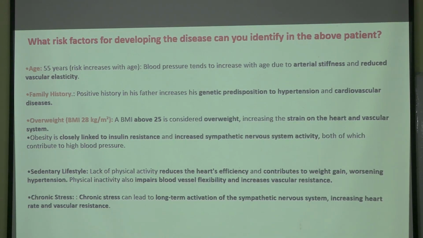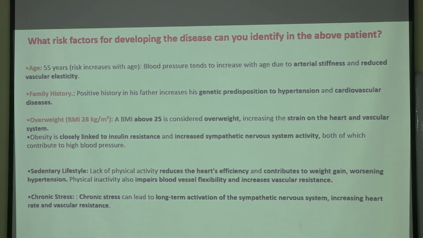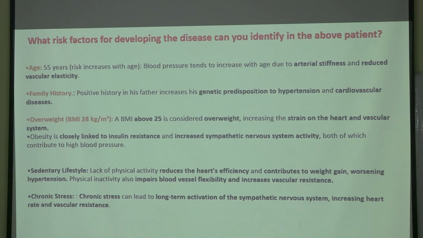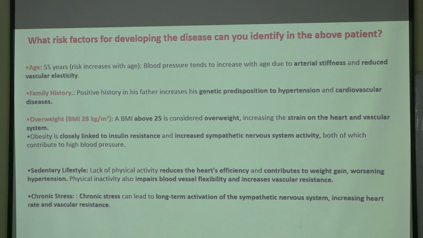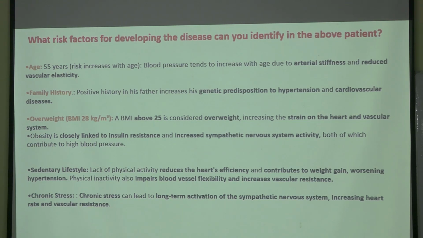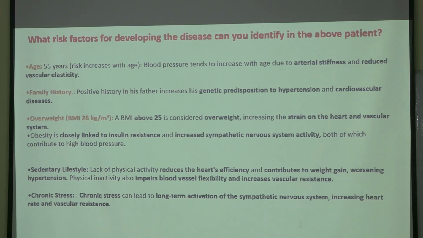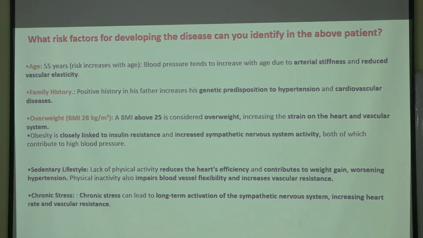Arterial stiffness occurs, and at the same time there is reduced vascular elasticity. Here, the changes in the stiffness and in the elasticity of the blood vessels are both equally important in the development of high blood pressure and ultimately hypertension, right?